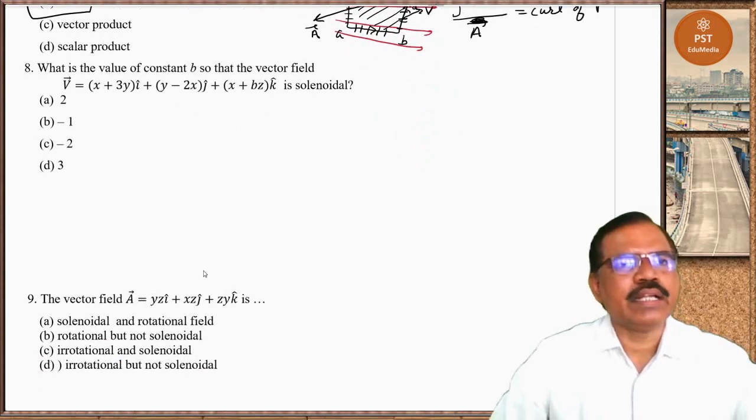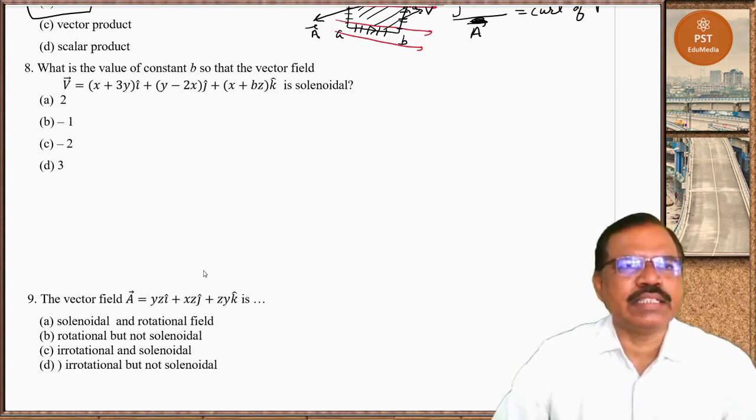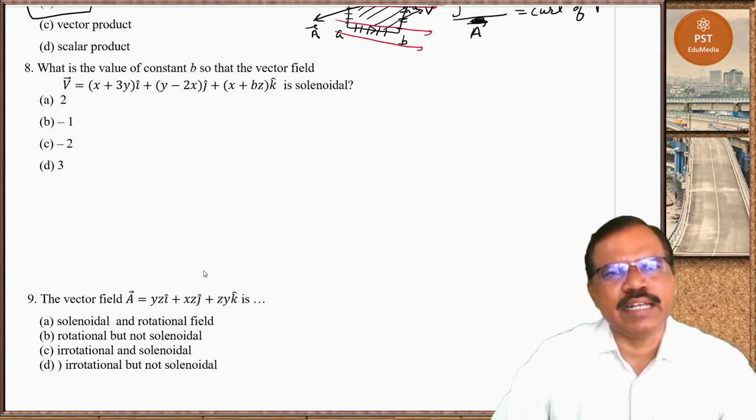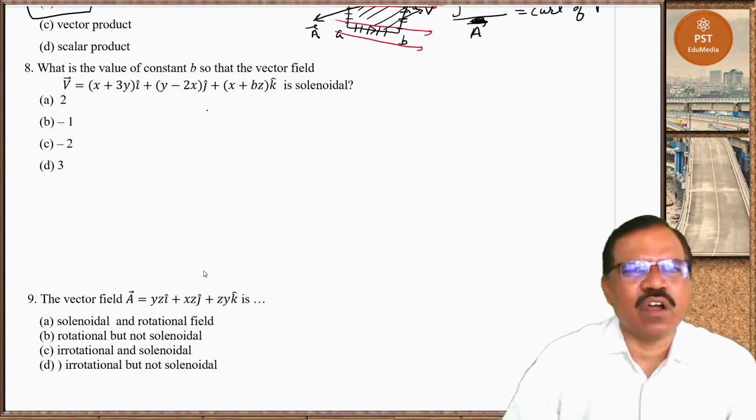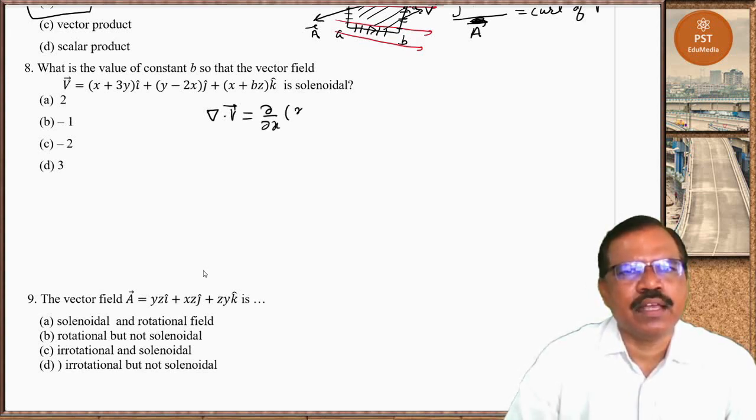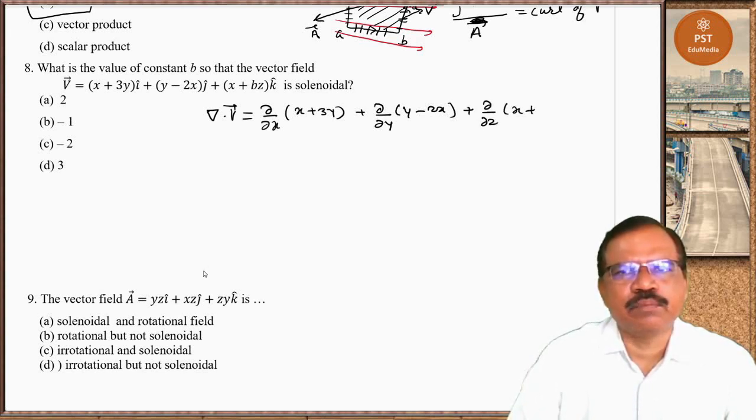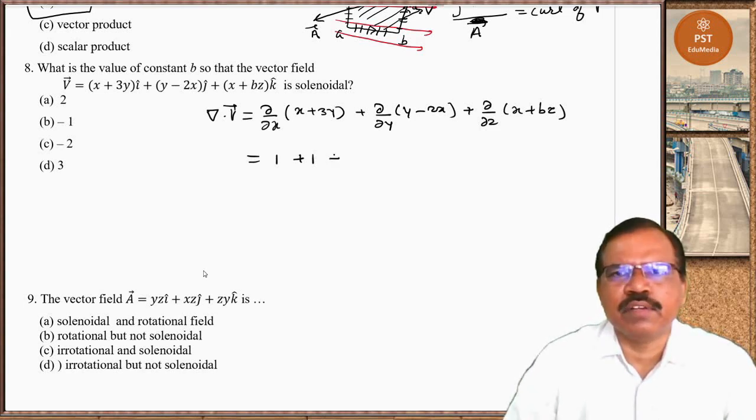Now next one. What is the value of constant b so that the vector field V is equal to x plus 3y i plus y minus 2x j plus x plus bz k is solenoidal? We just have to find del dot V. That is del by del x of x plus 3y, plus del by del y of y minus 2x, plus del by del z of x plus bz. So from the first we get 1, from the second we get 1, and from the third we get b.